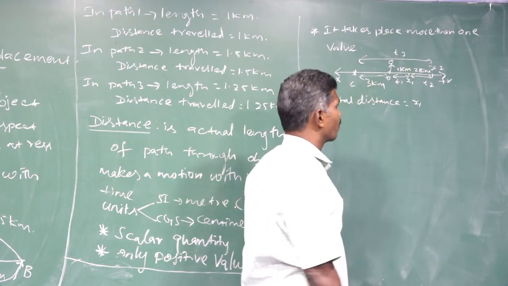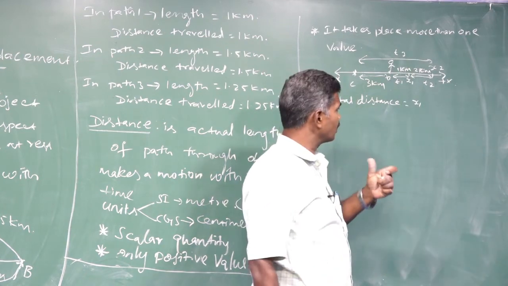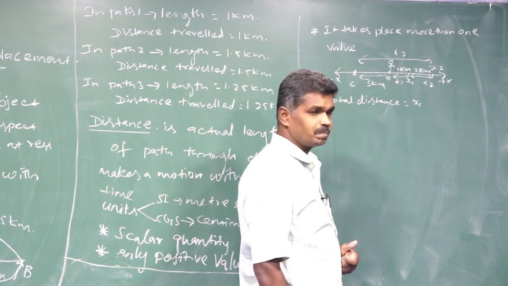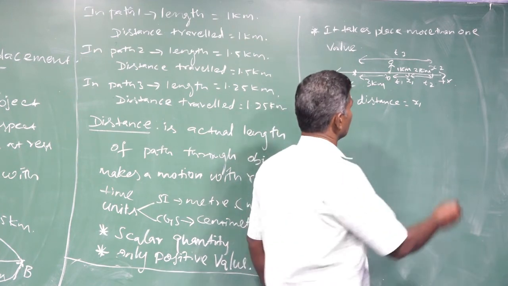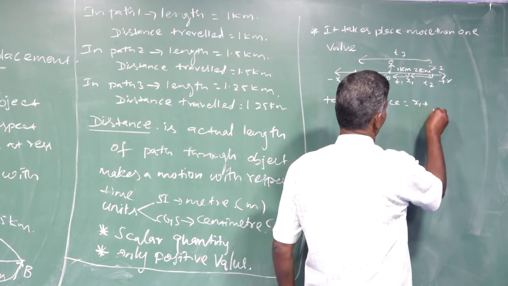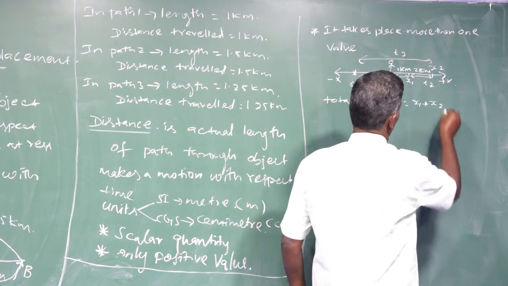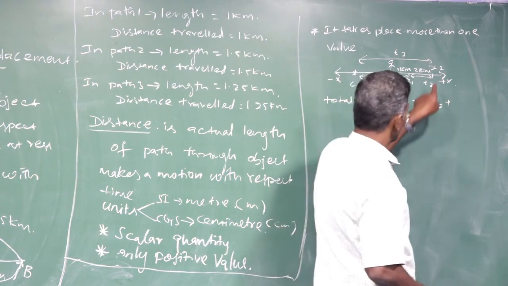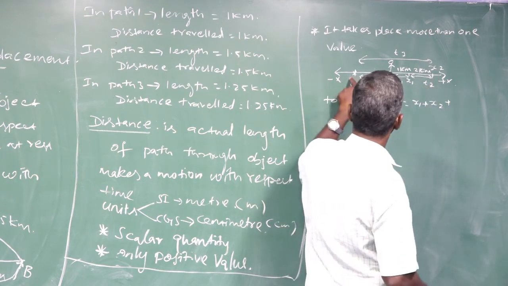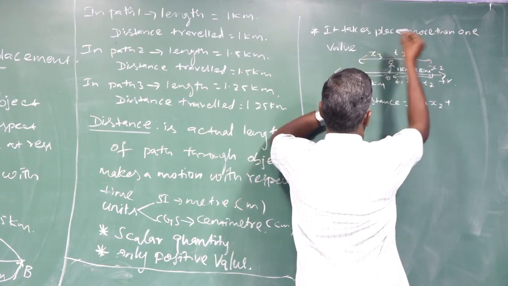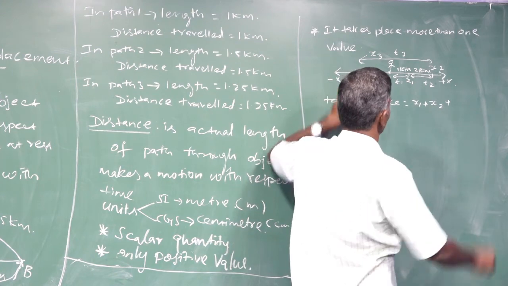But anyhow, here we are going to take distance travelled alone. No need for time. That's why x1 plus x2, this distance, plus further from x2 to C can be taken as x3.